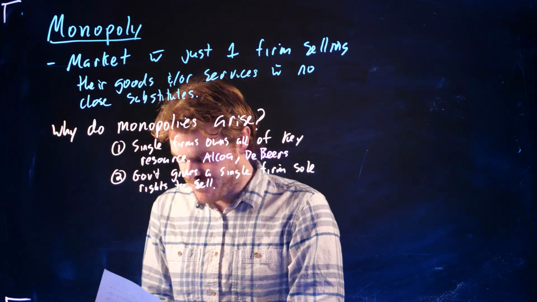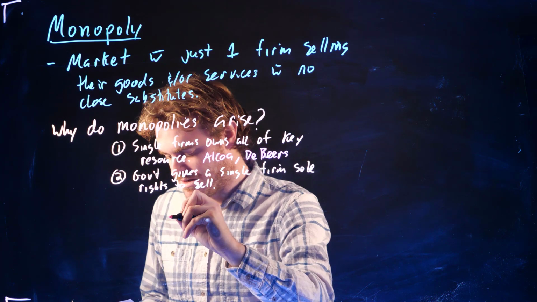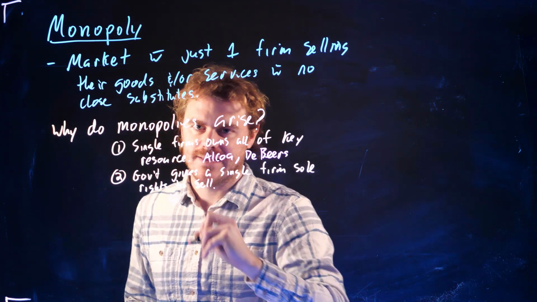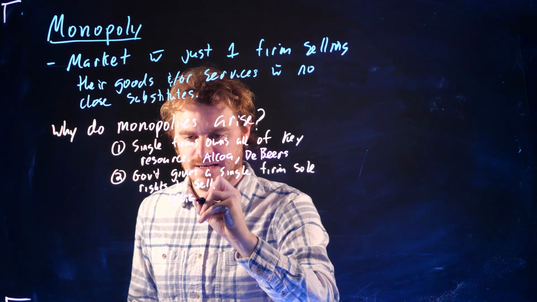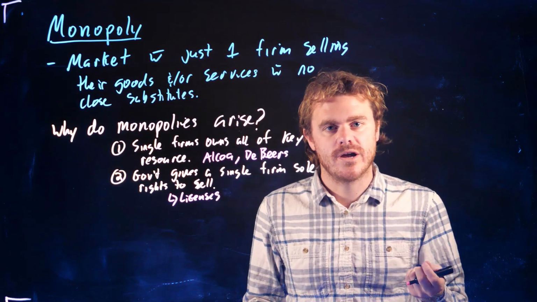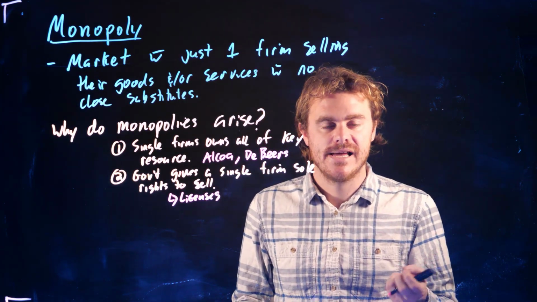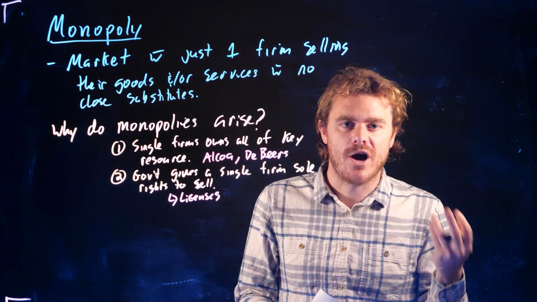We can think of that in terms of licenses. So to operate as a lawyer or to be a doctor, you need to get a license. And the licensing boards are monopolies, right?